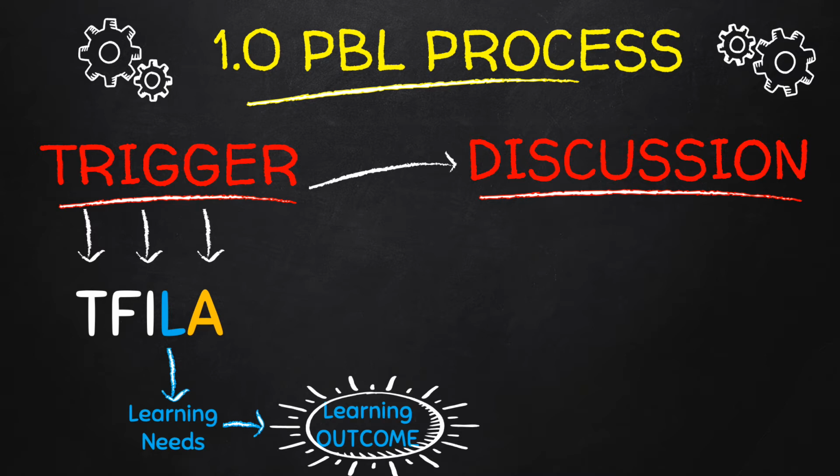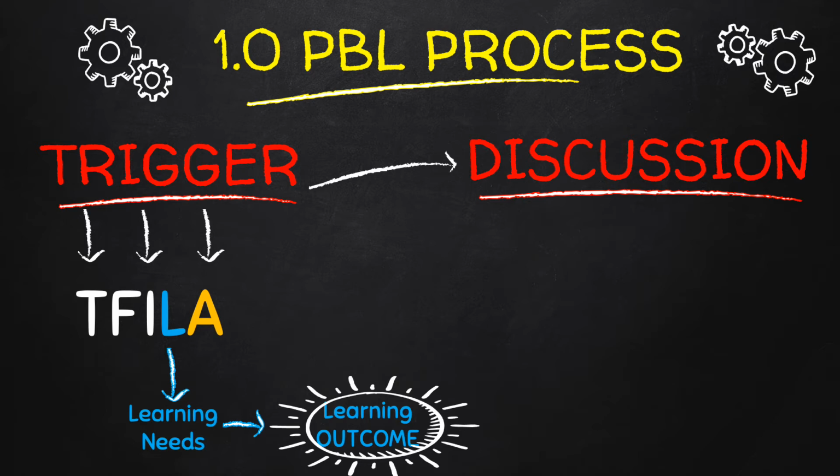The difference is that learning needs is derived by the student and not given to them. Very important, the learning needs must be derived by the students and not given to them.